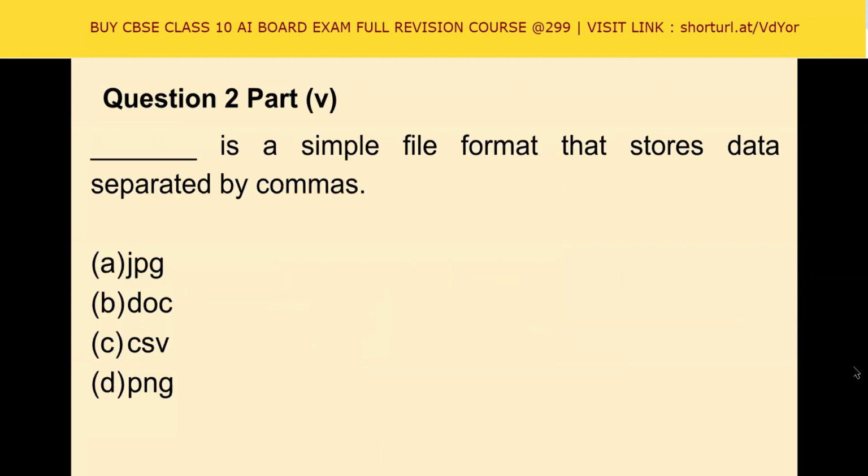The blank is a simple file format that stores data separated by commas. What is the format for storing data separated by commas? See, JPG and PNG are image files. DOC is an older version of a Word file, and CSV is the one which stores data separated by commas.